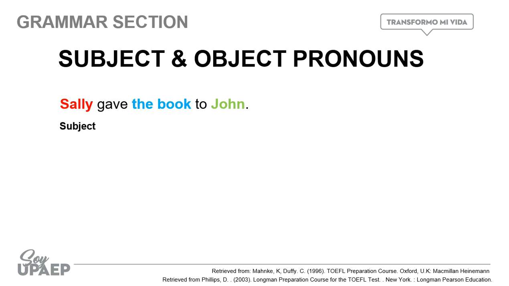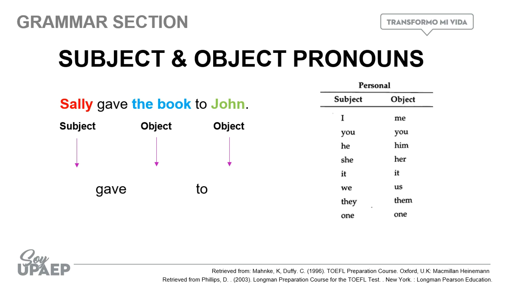Sally is the subject, the book is one of the objects, and John is another object. So how do pronouns replace nouns? On your right, you have the subject and the object pronouns.